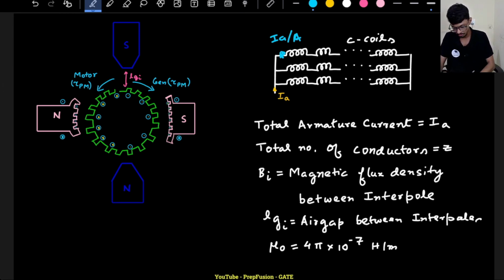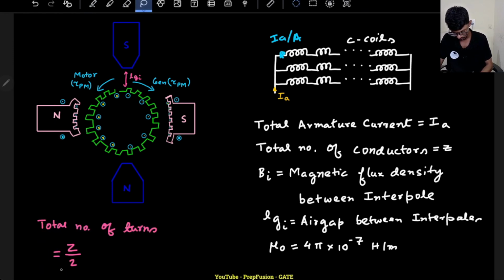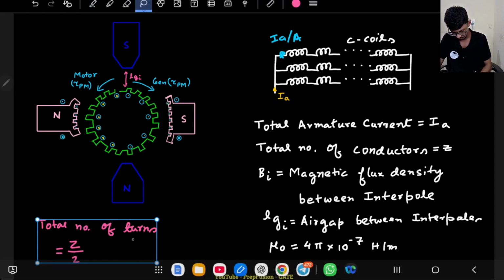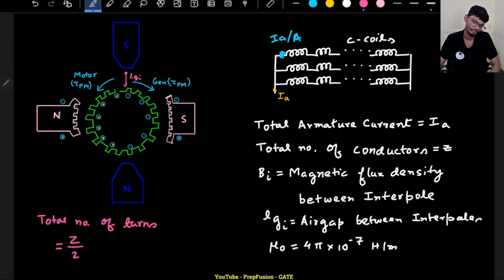Z by 2. So total number of turns is Z by 2.